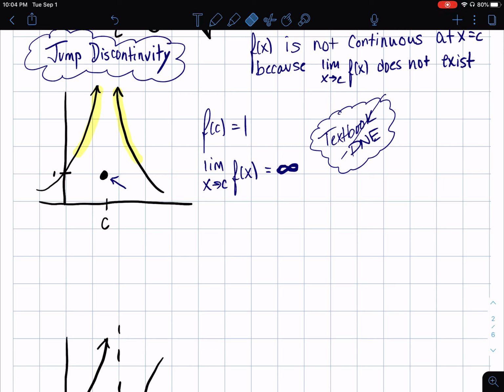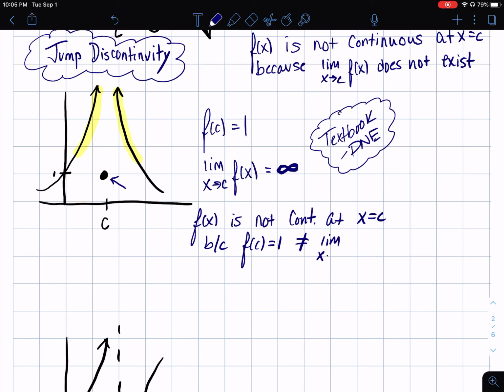So we're going to say then f of x is not continuous at x equals c because f of c equals 1 does not equal the limit as x approaches c, and we'll say that this is an infinite discontinuity.